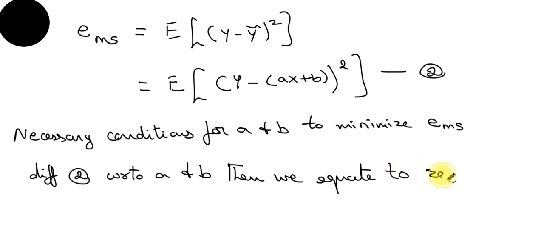The procedure is not much of a change, only that we are going to have two derivatives over here, and now your d will become dou because you have a as well as b to go about the differentiation. Now let us consider this. I need to have dou by dou a of EMS.